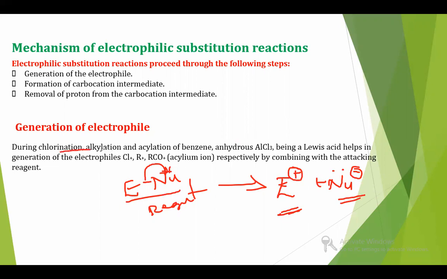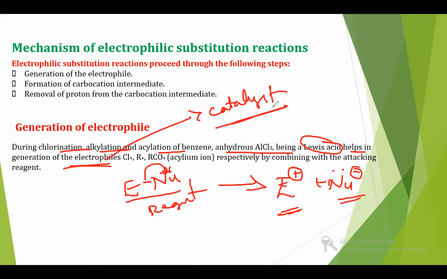During chlorination, alkylation or acylation of benzene, anhydrous aluminum chloride, being the Lewis acid or catalyst, helps in the generation of the electrophile. What is the role of the catalyst in the electrophilic substitution reaction? It helps in generating strong electrophiles like Cl plus, R plus or the acylium ion RCO plus, respectively, by combining with the attacking reagent.